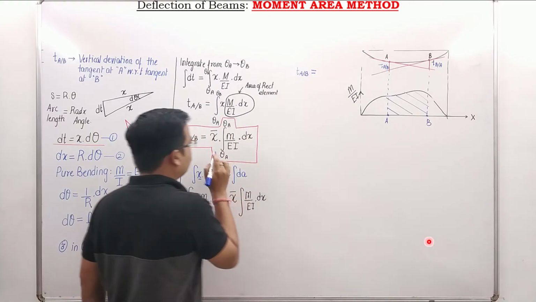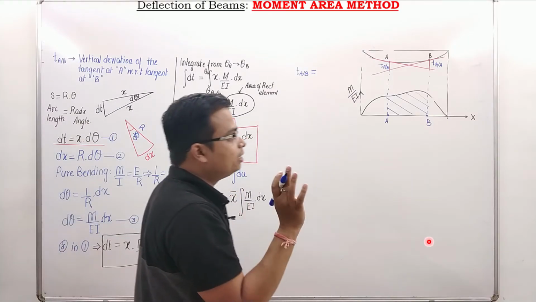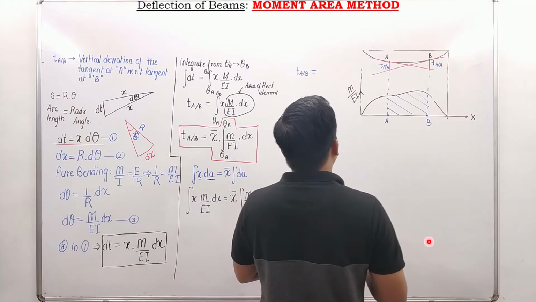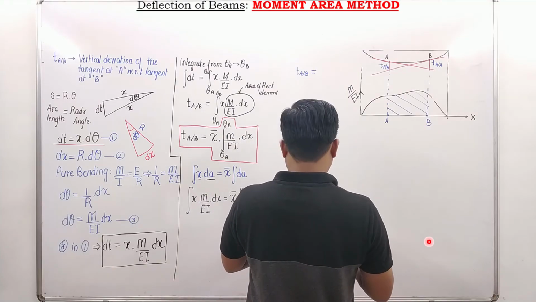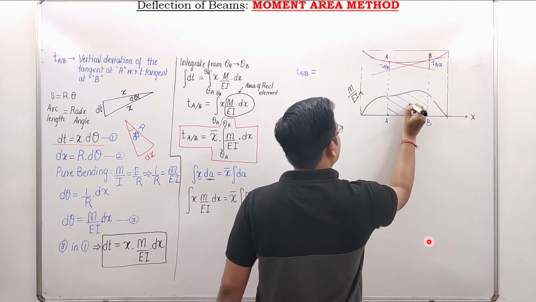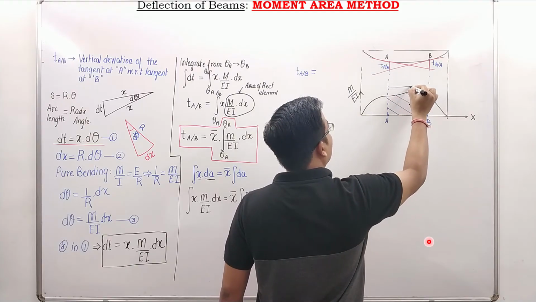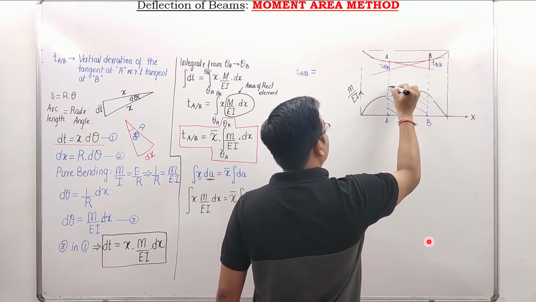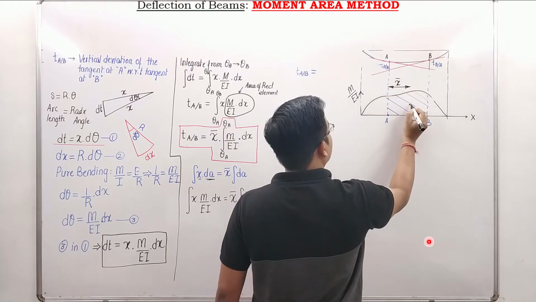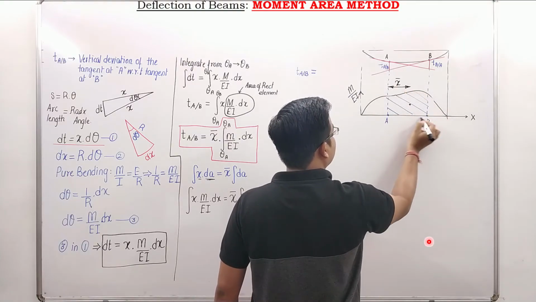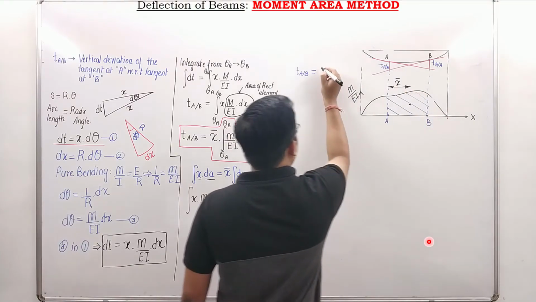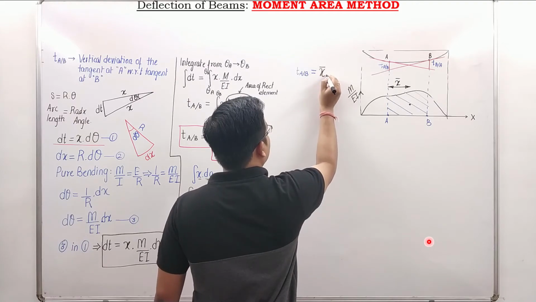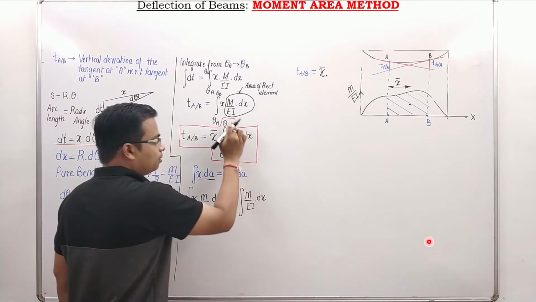is equal to what? X bar is nothing but the centroid. What is that X bar? Let me clarify. That's the X bar I'm talking about. That means whatever plane figure this is, you need to find its centroid. And it is that centroid, X bar, multiplied by this integral.